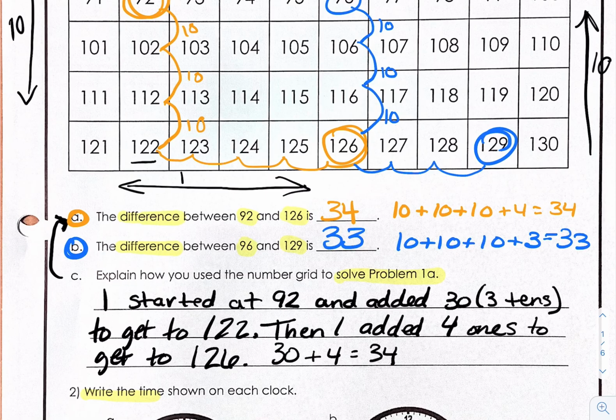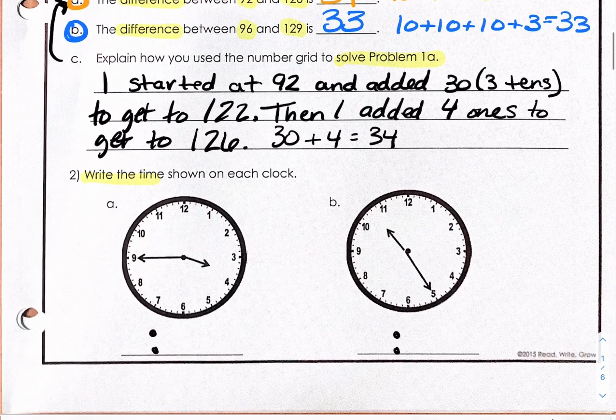That would also work. Let's look at number 2, the times for each of these clocks. Clock A is showing 3:45. The hour hand is between the 3 and the 4, and the minute hand is pointed at the 9, which stands for 45.